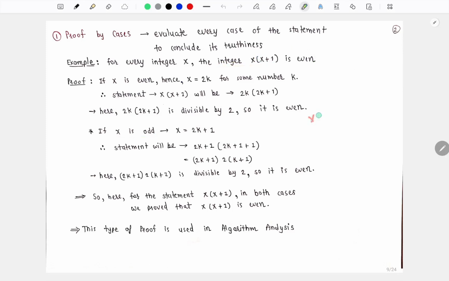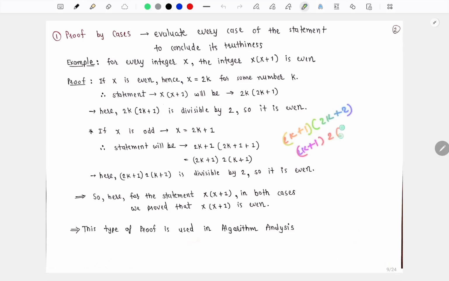If x is odd, we can write x as 2k plus 1, right? So the statement will be 2k plus 1 into 2k plus 1 plus 1, so 2k plus 1 into 2k plus 2.